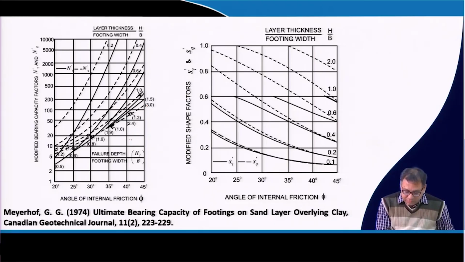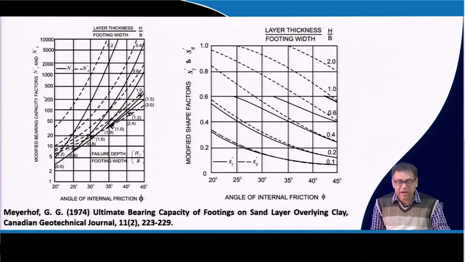So, these are the values. From here you will get the modified bearing capacity factors. So, from this chart you will get the n gamma dash and n q dash, and similarly you will get the s q dash and s gamma dash by using this chart.